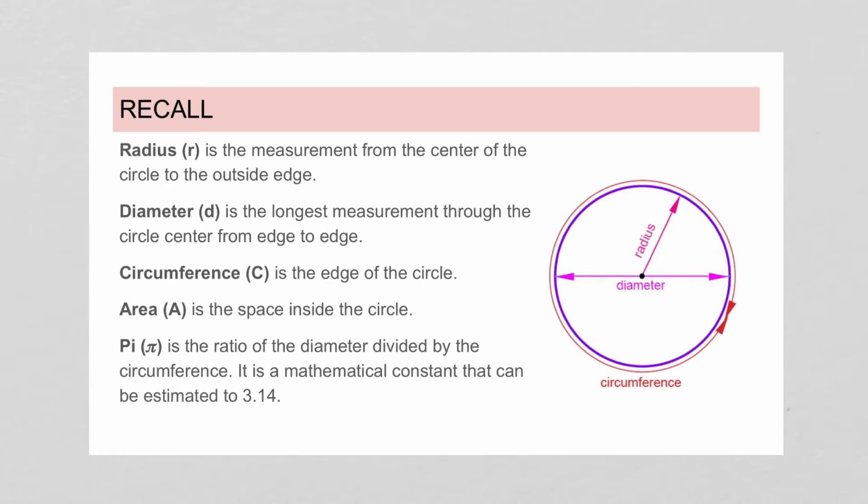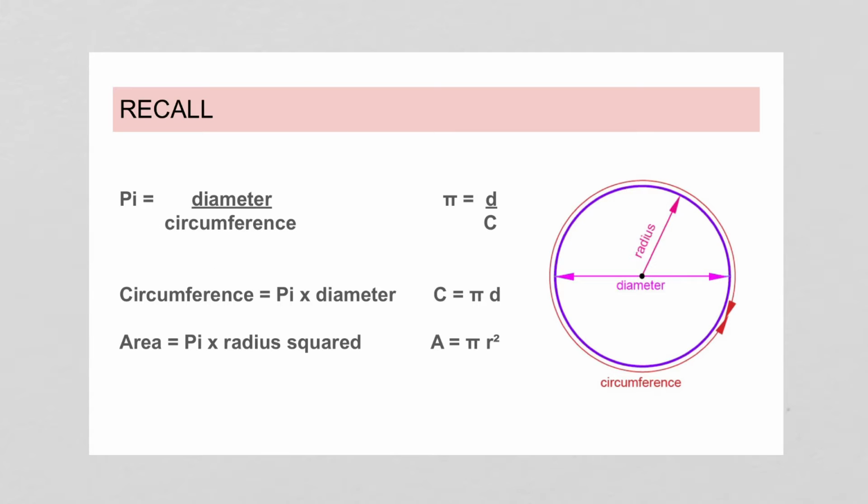And last week we did some really cool activities discovering that, using string and reading a book and all of those things. So go back to last week if you want to review any of those. And then just also remember these are the formulas for it. So again, pi is that ratio of circumference to diameter, and we can look at that as a formula here.